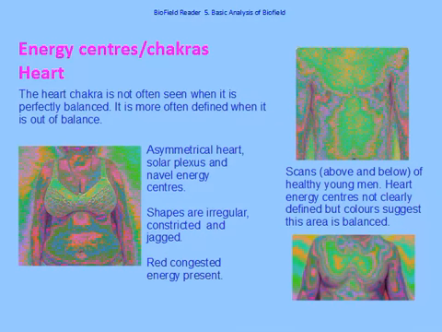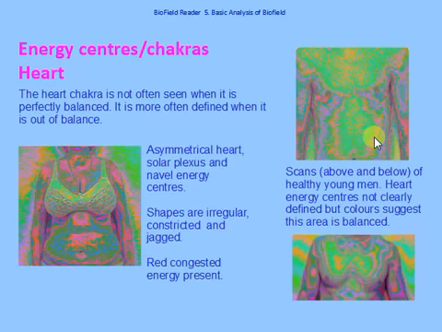Looking at the heart chakra, it's not often seen when it's perfectly balanced. It's more often defined when it's out of balance. Again, I've got this lady we've seen in previous scans. She's got an asymmetrical heart energy centre, the same with the solar plexus and the navel, and we've got a lot of red energy present.